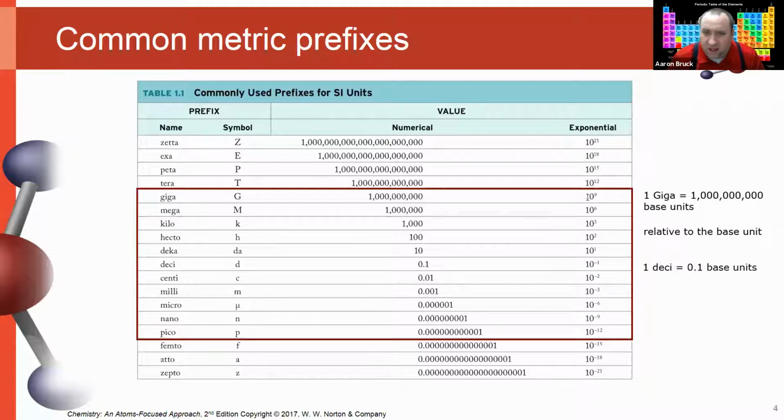So there are 10 to the 9th meters in a gigameter. There is 10 to the negative 12th meters in a picometer. And if you can keep that straight, that will certainly go a long way toward helping you meet your goals and do things correctly.